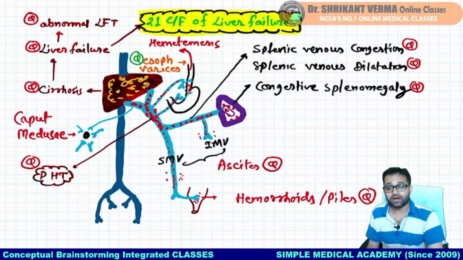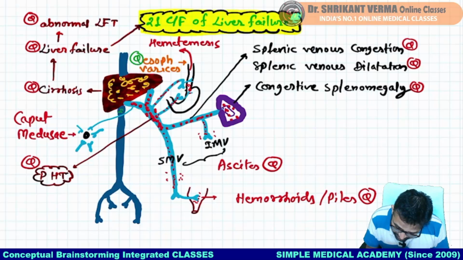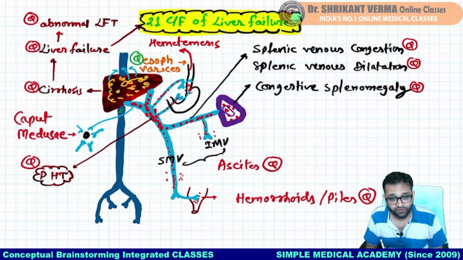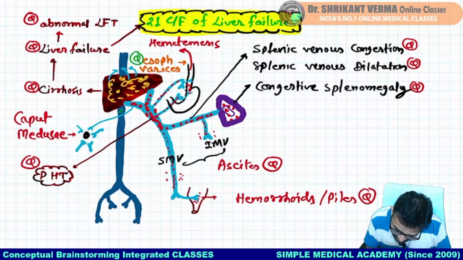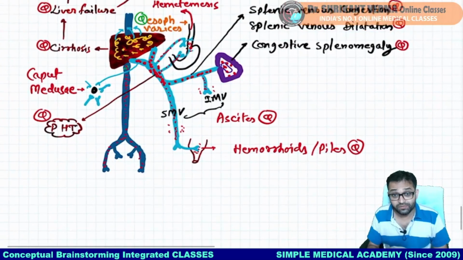Now, these are all our features. See here, there is cirrhosis. Due to the cirrhosis, the blood is accumulating. The blood is not draining into the inferior vena cava from the hepatic vein. So blood is accumulating in the liver, then also in the inferior vena cava, then in the external iliac vein, which becomes the femoral vein in the lower limb.